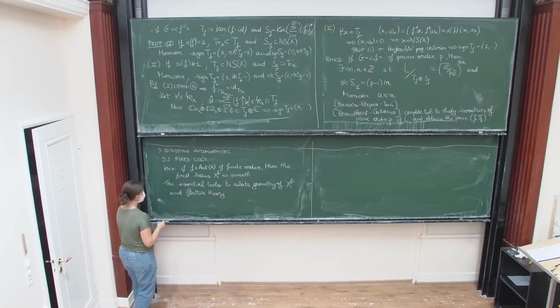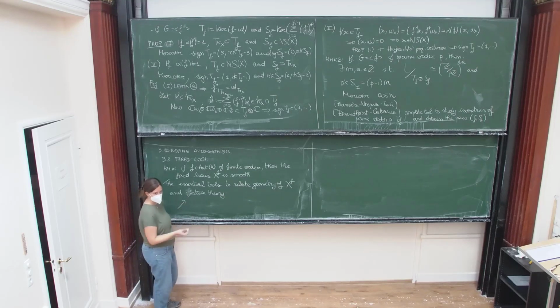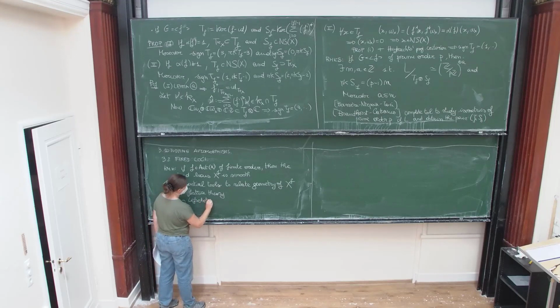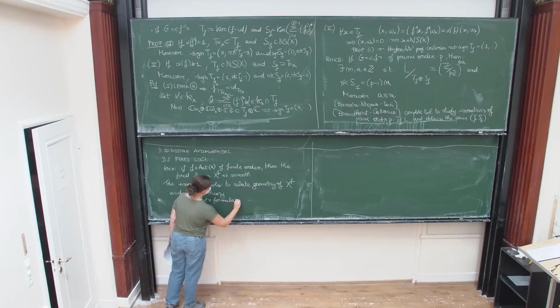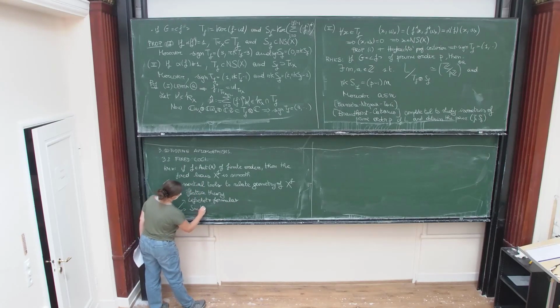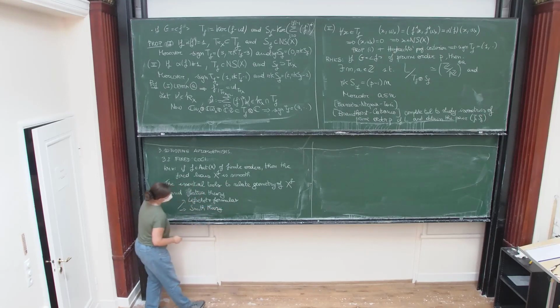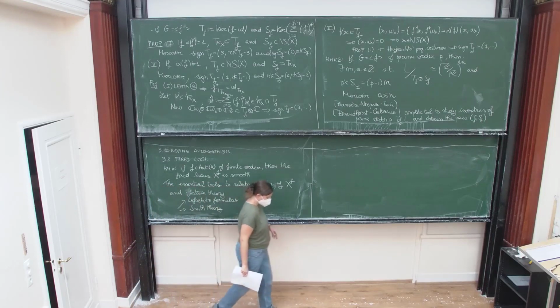We have Lefschetz formulas, which we will study, or Smith theory. This uses the equivariant cohomology applied to the action of your group.